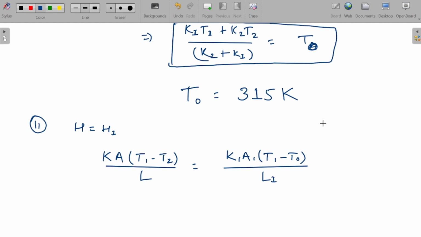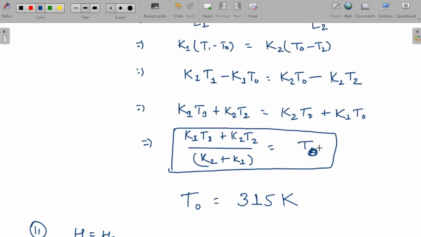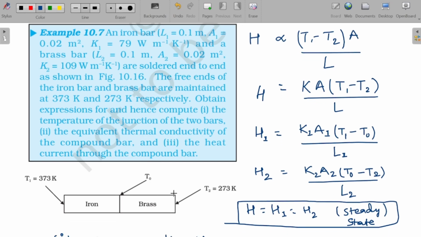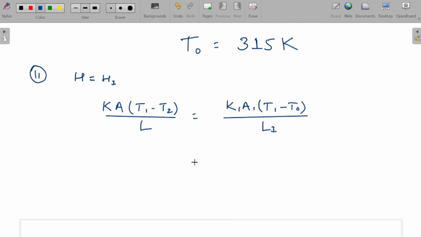And we know L1 and L2, these two terms are equal, means these two lengths are equal here. Look, L1 is given 0.1 meter, L2 is 0.1 meter, and L is nothing but the sum of these two. So we can write L is nothing but 2L1. So in the next stage, we can write K A, and cross-sectional area will be the same. So this will be equal to A1 only.